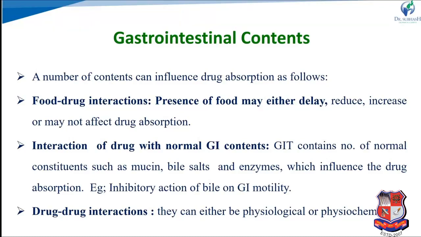Interaction of the drug with normal GI content, like the presence of mucin and bile salts, influences the absorption process. There is also the inhibitory action of bile on GI motility, which inhibits absorption. Drug-drug interaction is also an affecting factor.